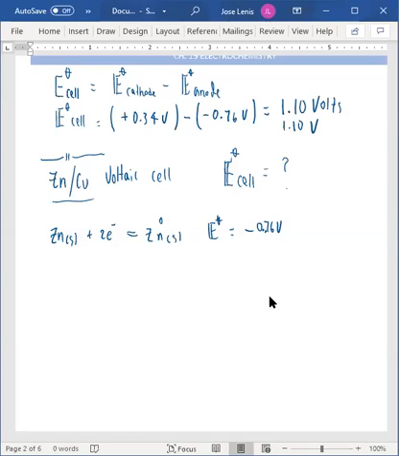And we found the equation for the copper for that cell using the same table, the standard electropotential.